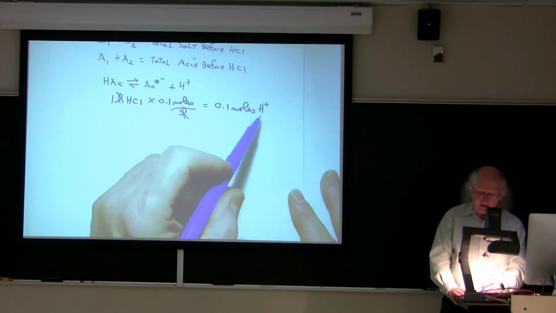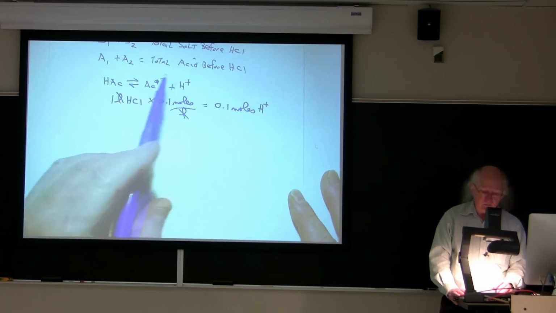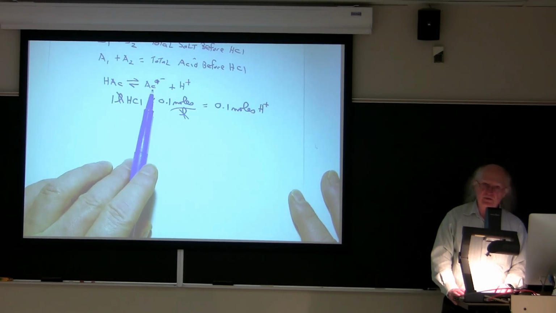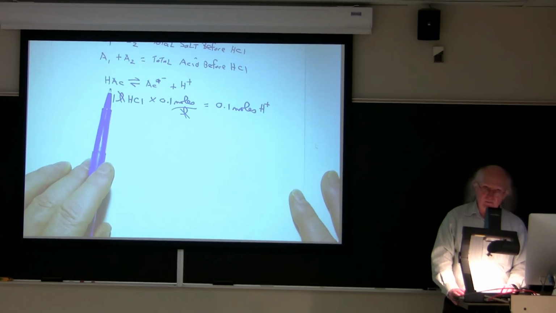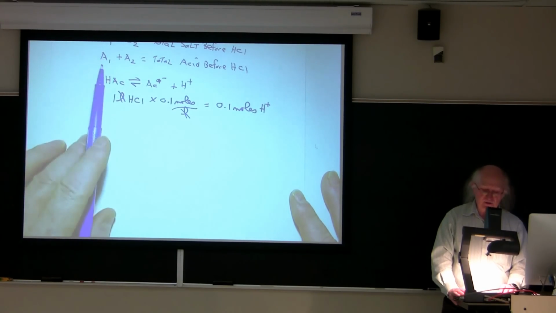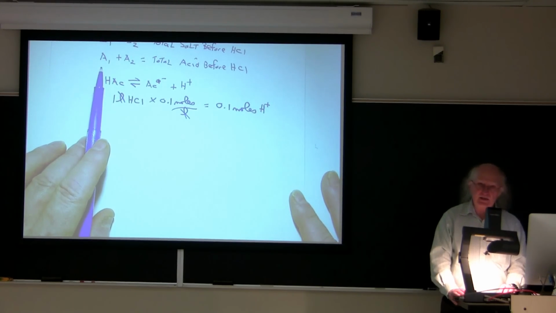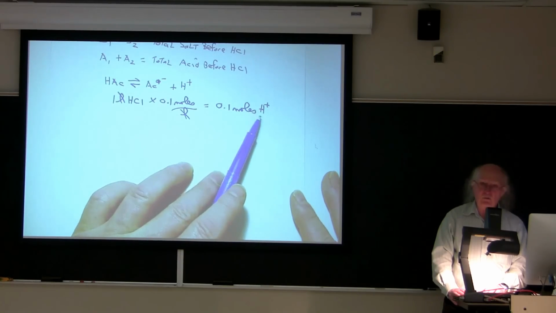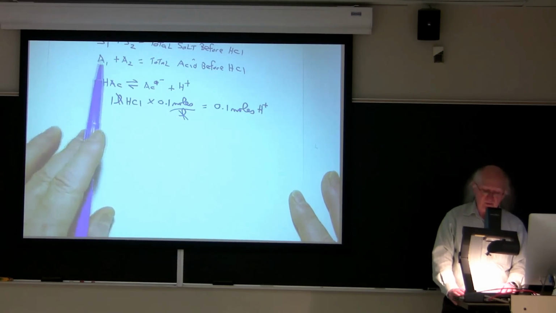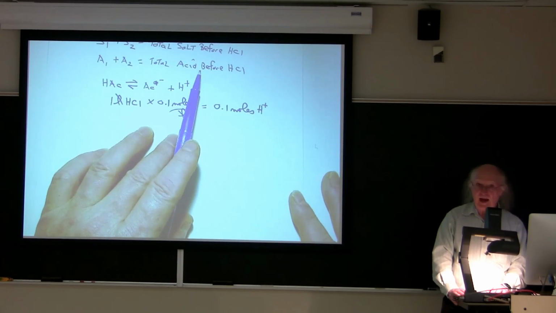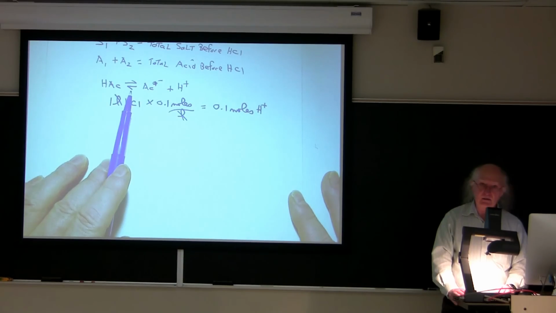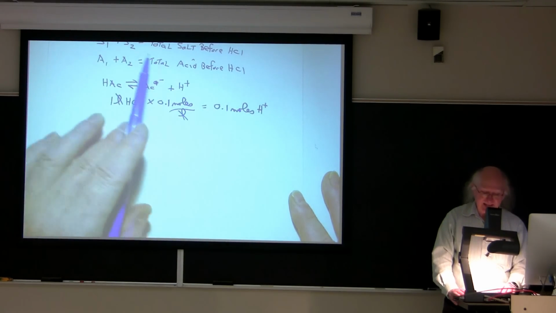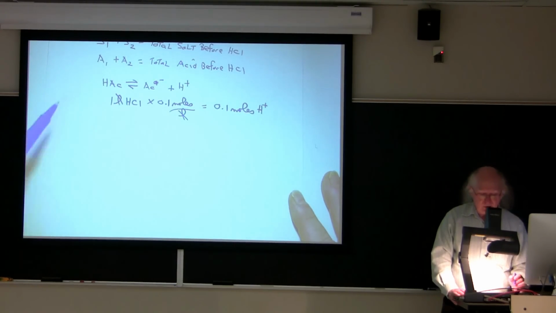Well, I just told you that if I add 0.1 moles of protons, I'm going to lose 0.1 moles of salt, and I'm going to gain 0.1 moles of acid. So if I now look at my starting materials, that is the amount of salt 1 and salt 2, and the amount of acid 1 and acid 2, when I add 0.1 moles of protons, I'm going to have 0.1 moles more of acid, for the reason I just stated, and I'm going to have 0.1 moles less of salt.